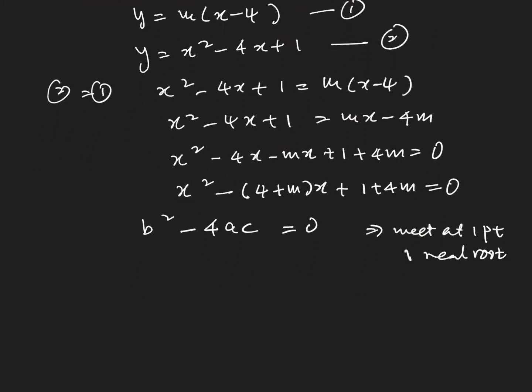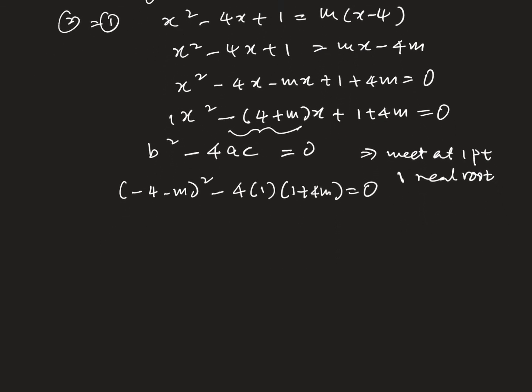So b is negative 4 minus m, squared, minus 4 times a, which is 1, times c, which is 1 plus 4m, equals 0.